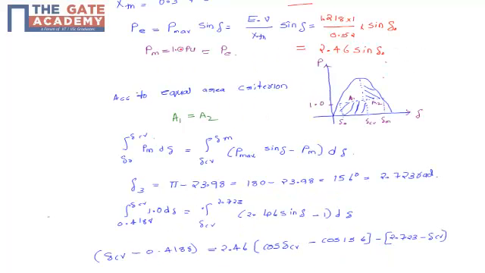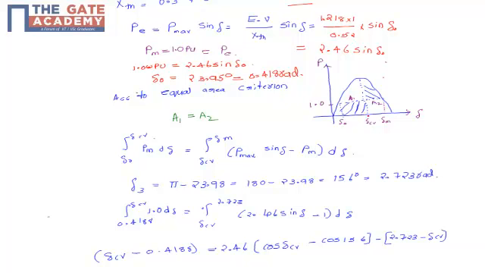So 1.0 pu equals 2.46 sin delta naught. From this we find delta naught equal to 23.95 degrees. Converted to radians, delta naught is 0.418 radians.